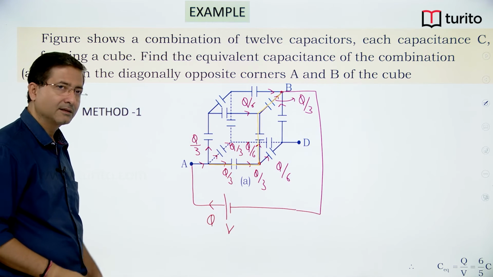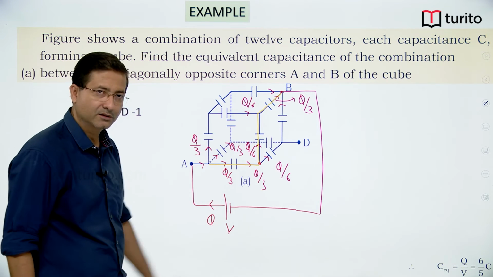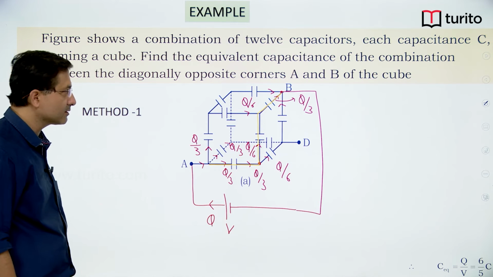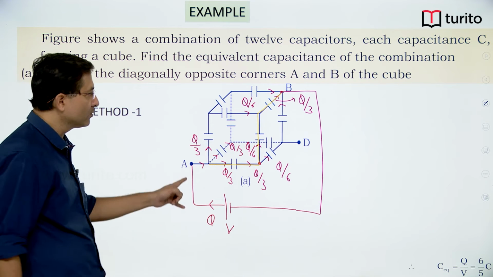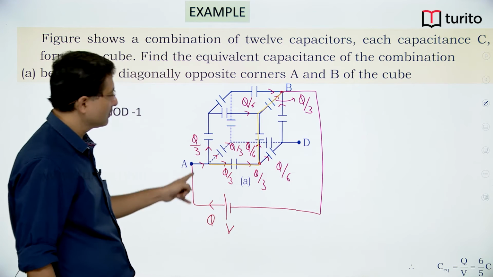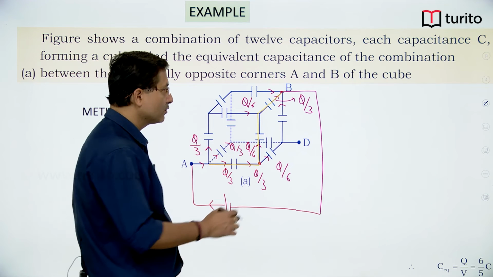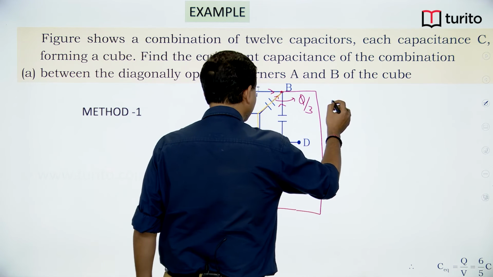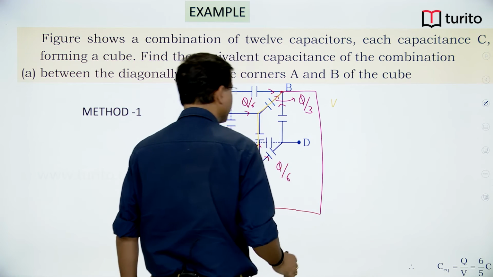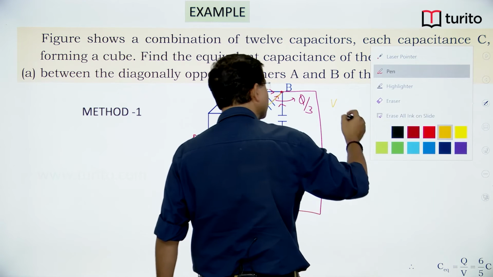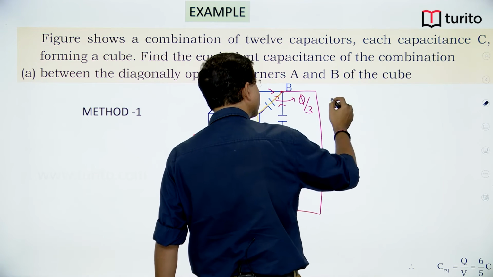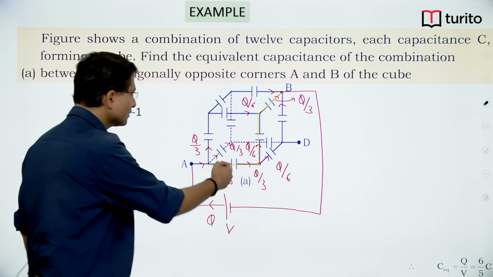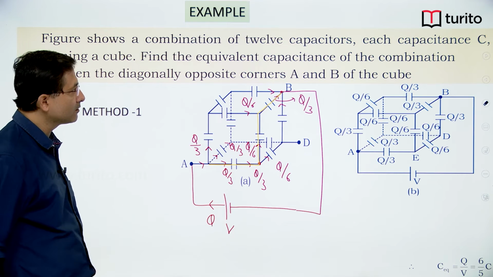What I say is that you can select any of the branches, it does not make any difference. So, if I apply Kirchhoff voltage law across this one, what we can write is V is equal to... This simplified diagram I will draw here.